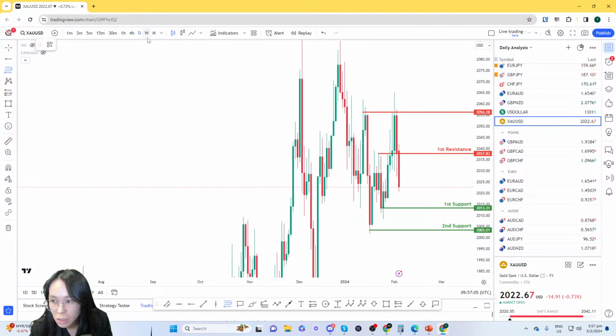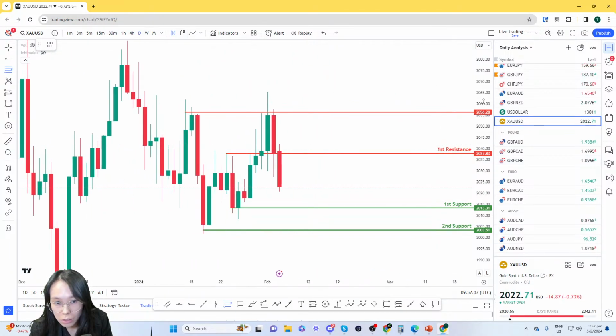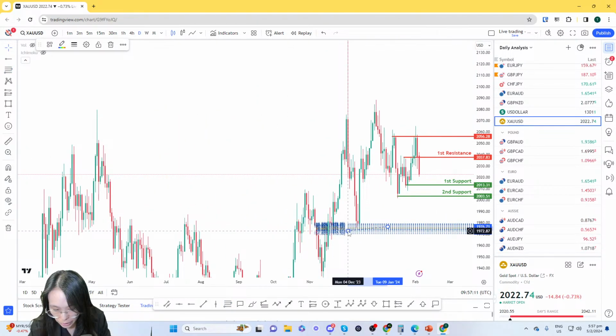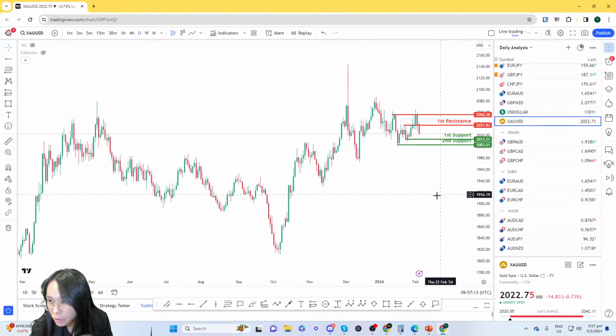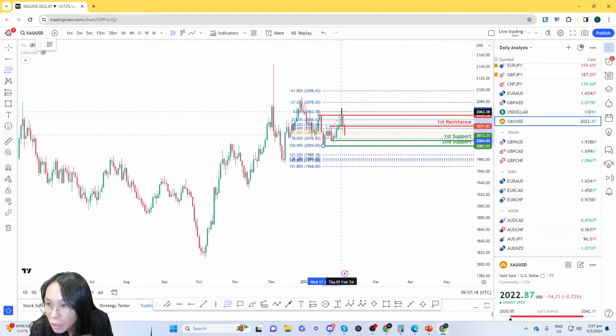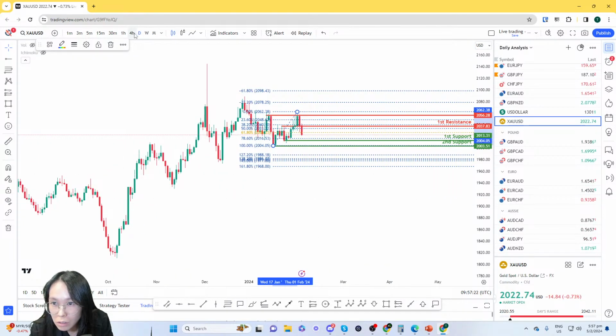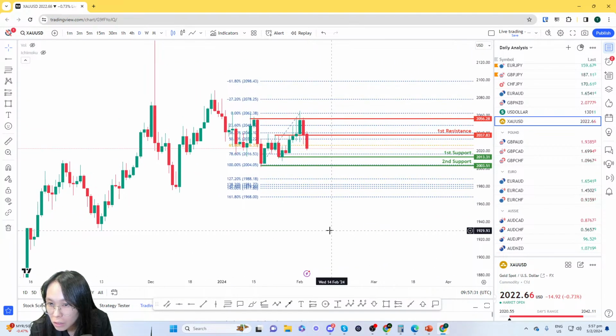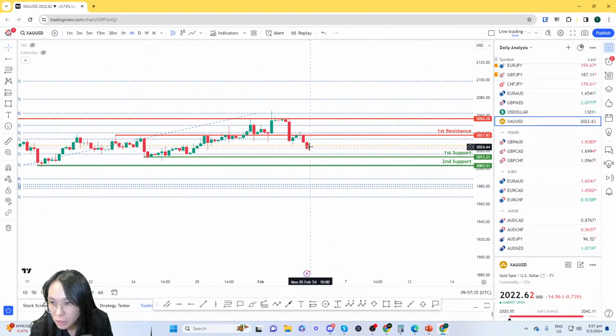I'm gonna switch to the daily chart to look for some Fibonacci level. Looks okay on the daily chart. So I'm gonna toggle back to the H4.